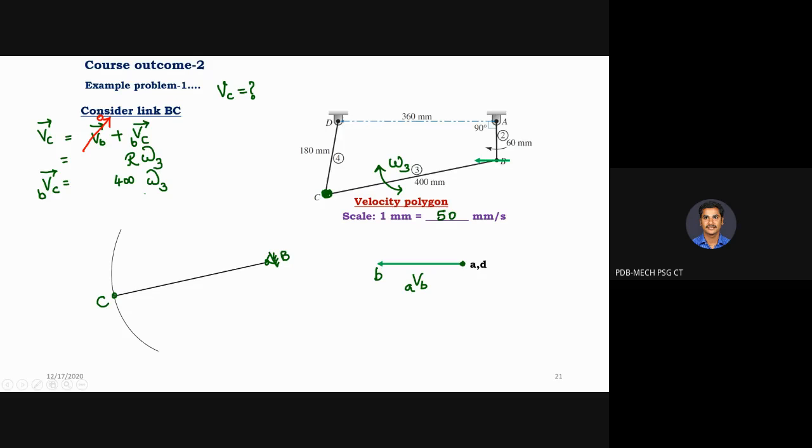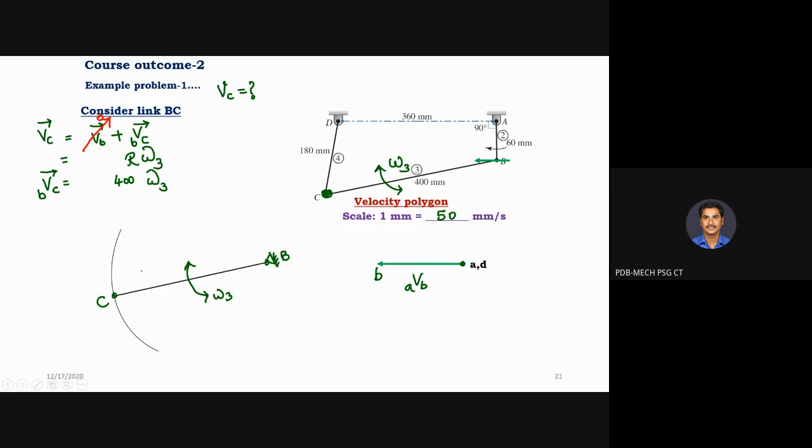In which direction is it acting? Your omega 3 is rotating along this direction. Which direction is it rotating? I'm sorry, acting, this velocity. Whenever I ask this question, I should receive the answer immediately from you.